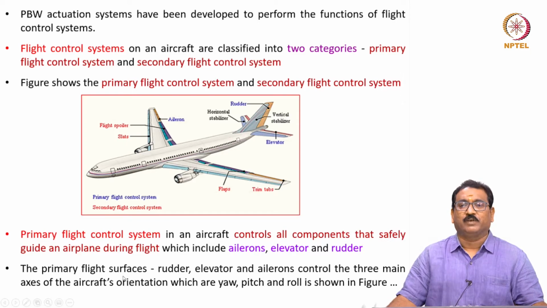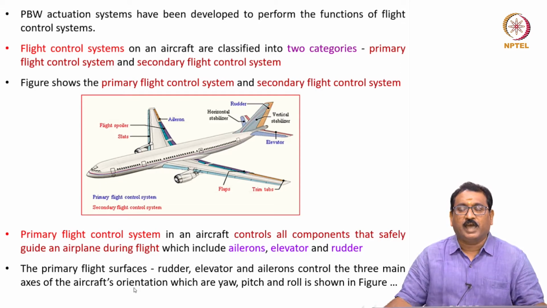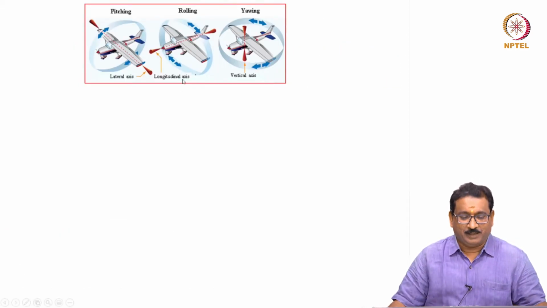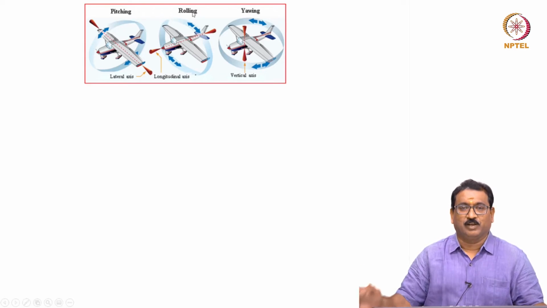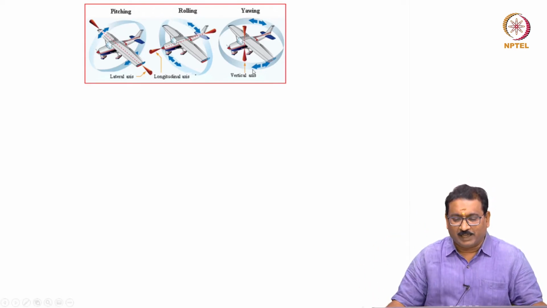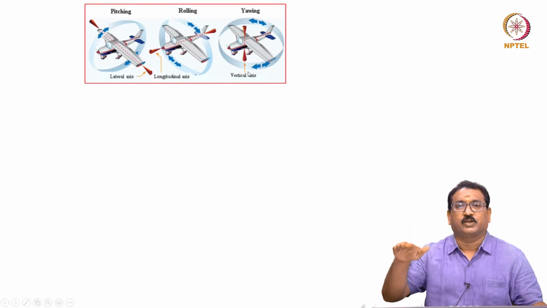The primary flight surfaces, rudder, elevator, aileron, control the three main axes of the aircraft's orientation, which are yaw, pitch, roll, as shown in the figure here. You will see the aircraft's pitching action along the lateral axis, rolling action along the longitudinal axis, and yawing action along the vertical axis.